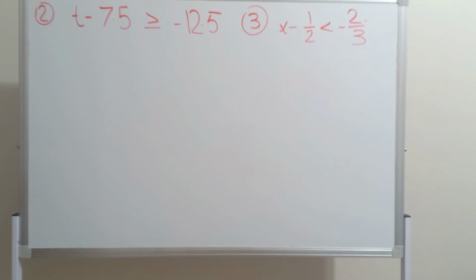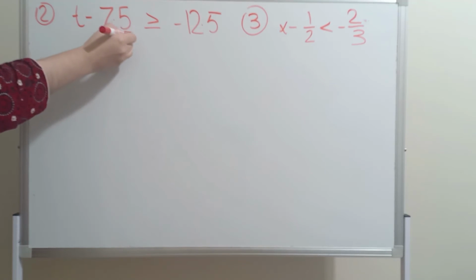The second question says t minus 7.5 is greater than or equal to negative 12.5. As we did in the last question, we are going to first make sure that the variable is by itself, and here the variable is t. So we're going to do the inverse operation of negative 7.5, which is plus 7.5.